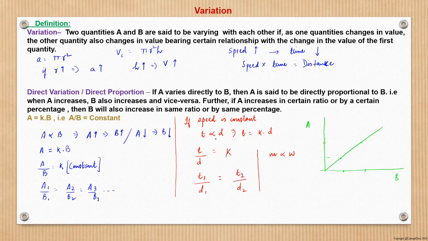It means if t and d are directly related, so if distance increases by 2 units, time taken will also increase by 2 units, because it is directly proportional. So if t2 is twice the time t1, then d2 will also be twice d1, right?